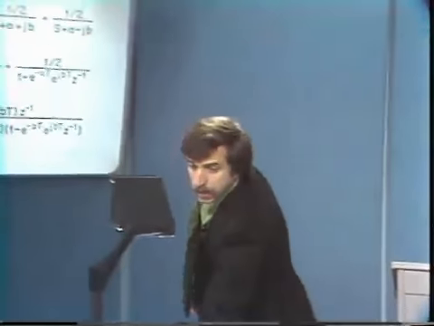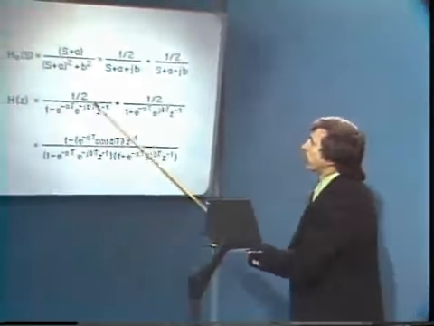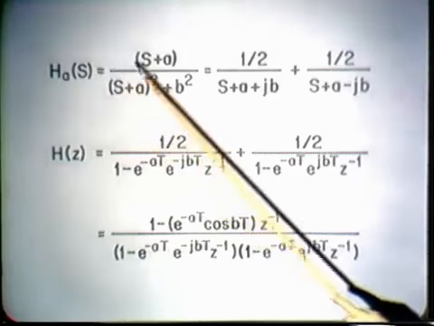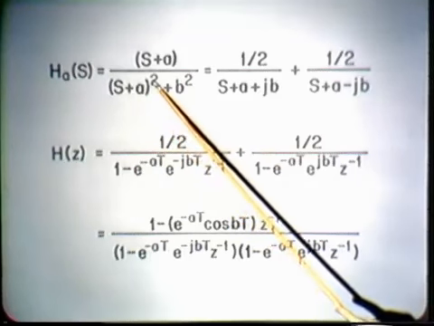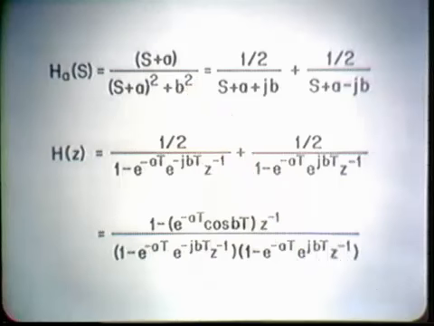Let's take the case of a simple second-order analog filter, let's say with one zero and two poles, so that the analog system function is given by (s plus a) divided by ((s plus a) squared plus b squared).